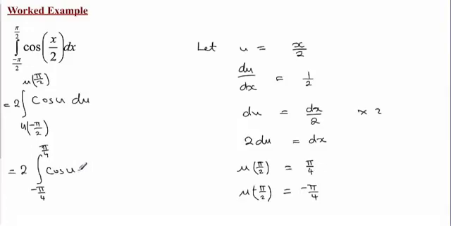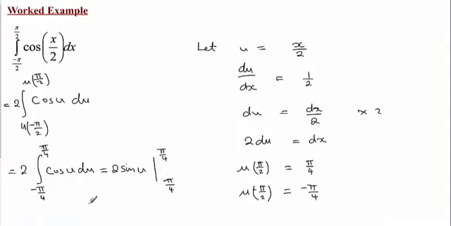cosine of u du. But we all know that cosine is the derivative of sine. So then we're going to write this as 2 sine of u evaluated from minus 1/4 pi to 1/4 pi.